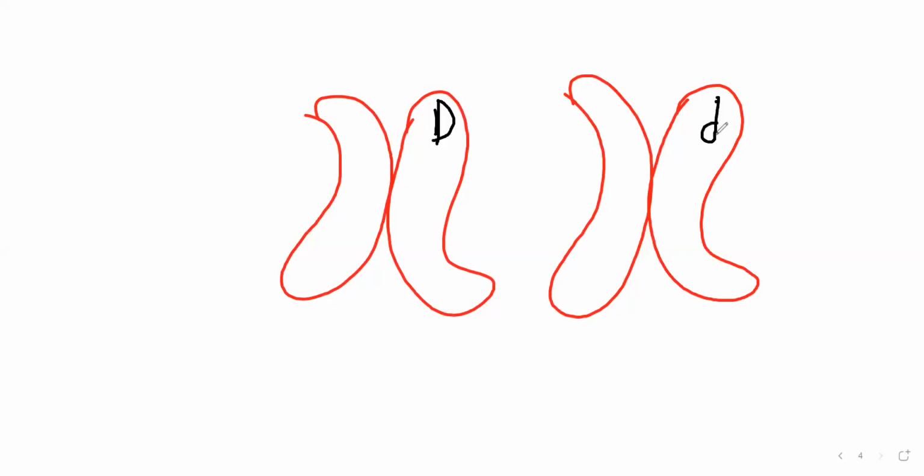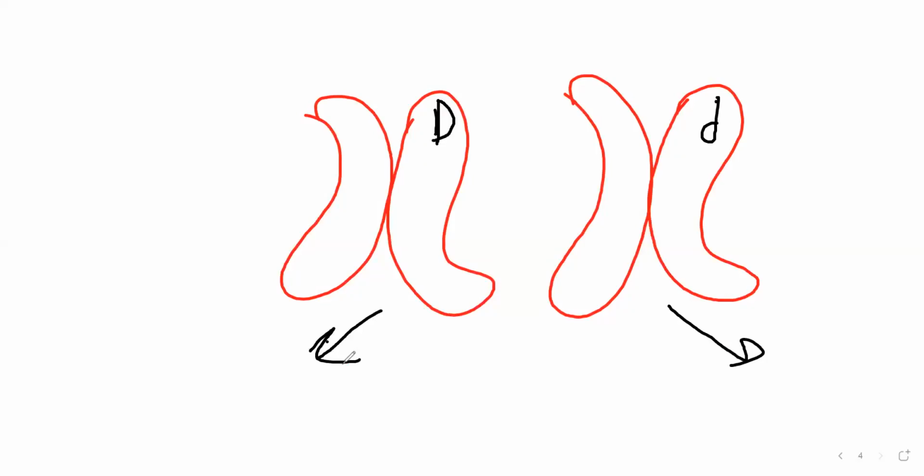So during meiosis, these chromosomes would have to separate. You should notice I've written just one letter in each chromosome representing a gene, but these chromosomes have close to 1,000 genes.